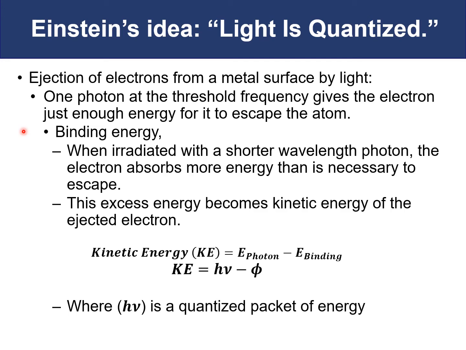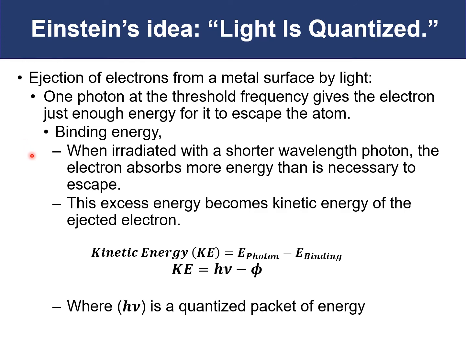However, even if the intensity is low, you still have individual photons coming in, and if you have a low intensity but a frequency that is above the threshold frequency, then those individual photons are coming in, striking the surface, and imparting enough energy to kick the electron off.